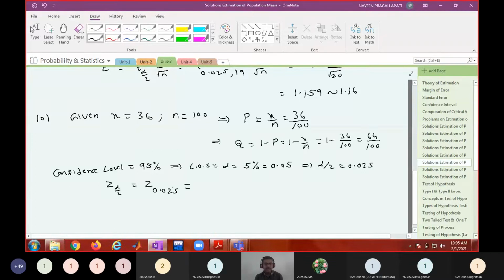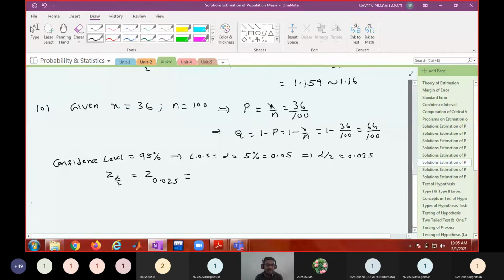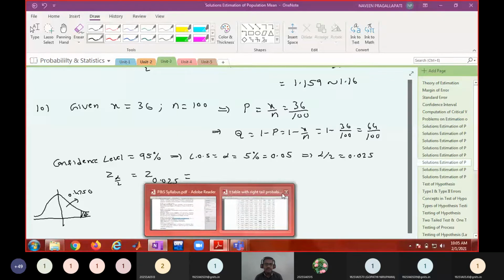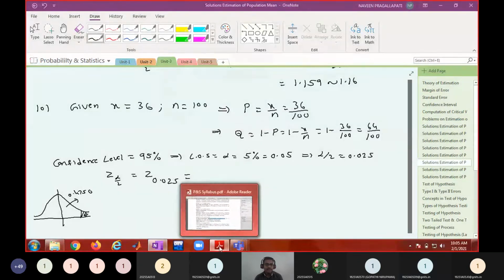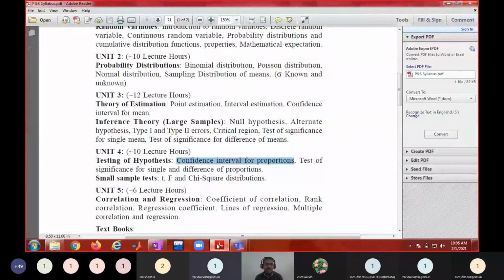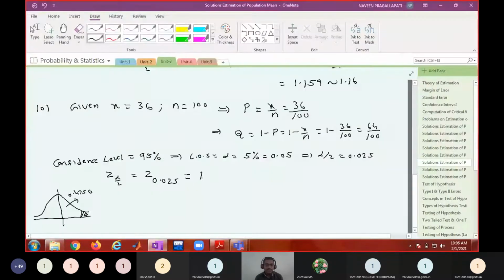Do you remember what z alpha by 2 is for 0.025? The right tail area is 0.025, so the remaining area is 0.4750. For 0.4750, the value is 1.96.